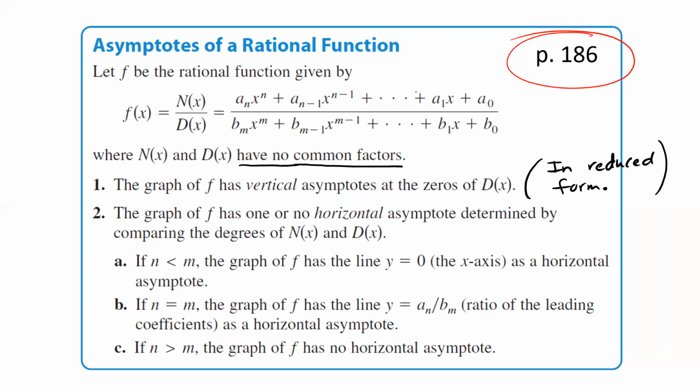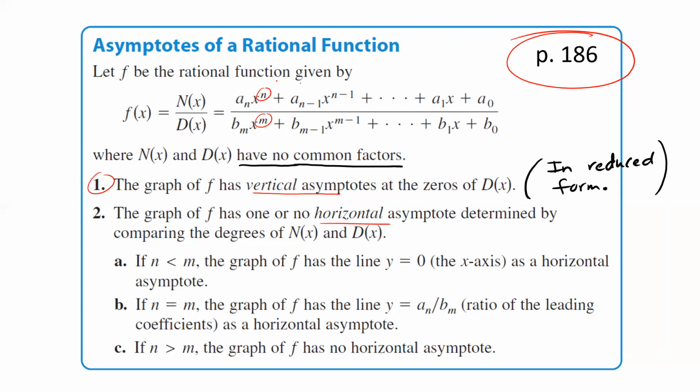So we're talking about vertical asymptotes and horizontal asymptotes. Number one is vertical asymptotes. If this is a polynomial, any kind of polynomial, this is degree n on top, and this is degree m on the bottom.